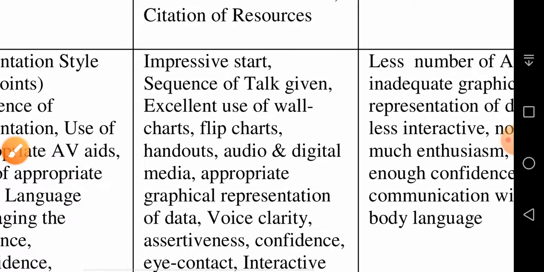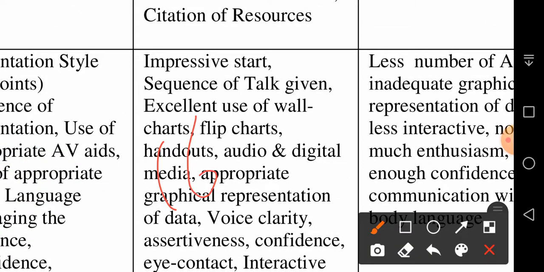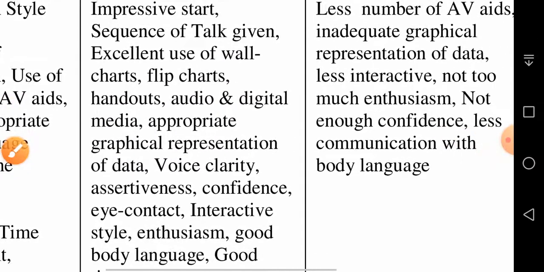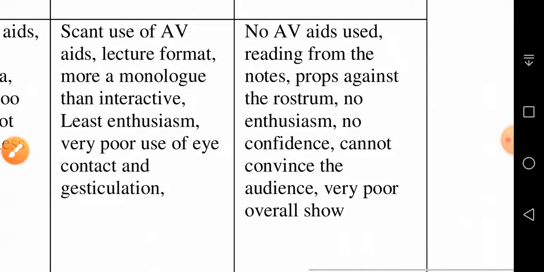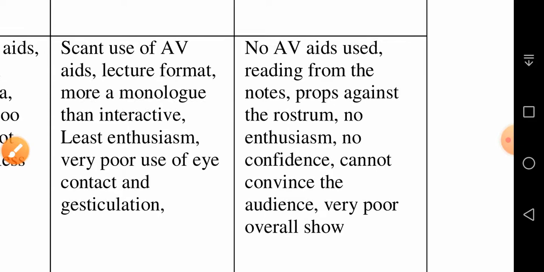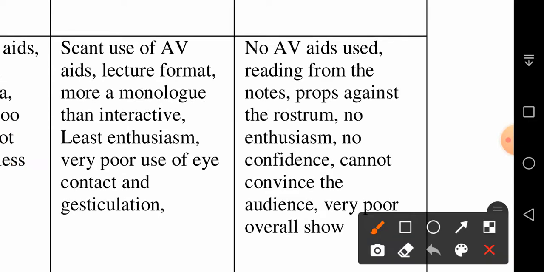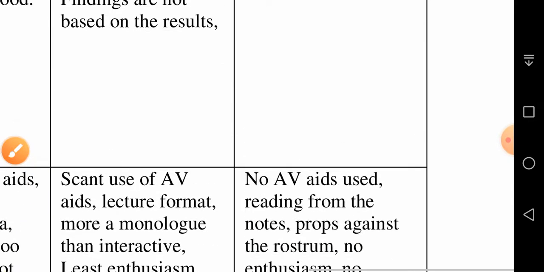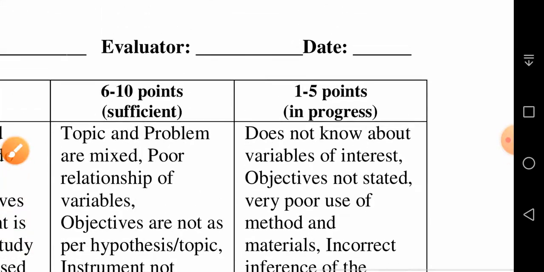If all this is there, then you may be awarded 16 to 20 points in this area. And sometimes a student does not use any AV aids. He is reading from the notes, props against the rostrum, no enthusiasm, no confidence, cannot convince the audience, very poor overall show. So here you may be given 1 to 5 points.